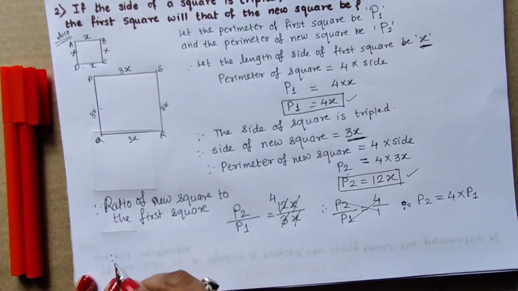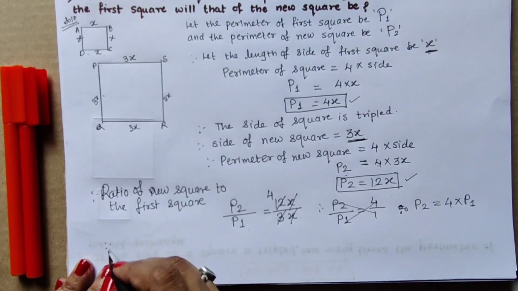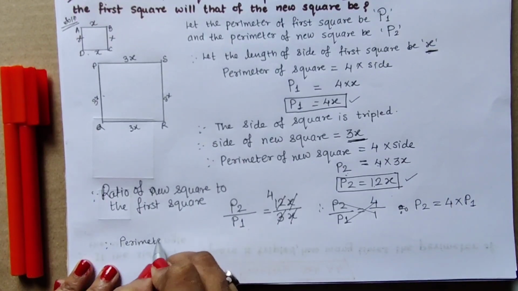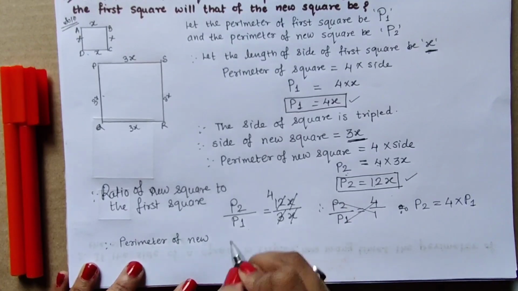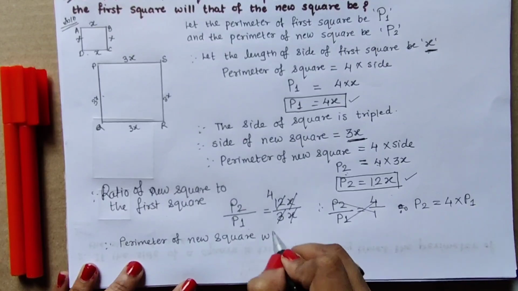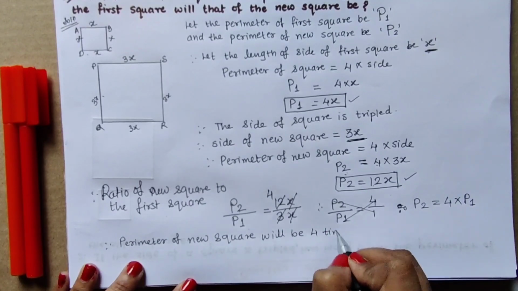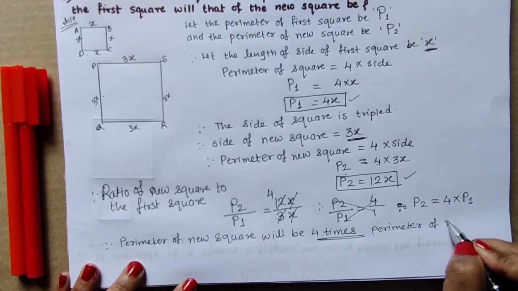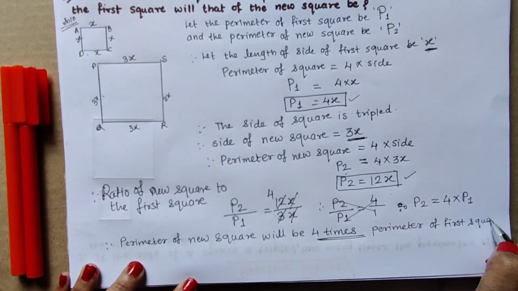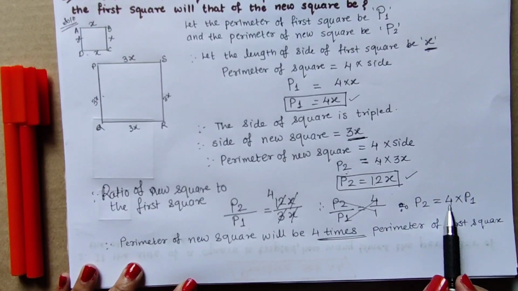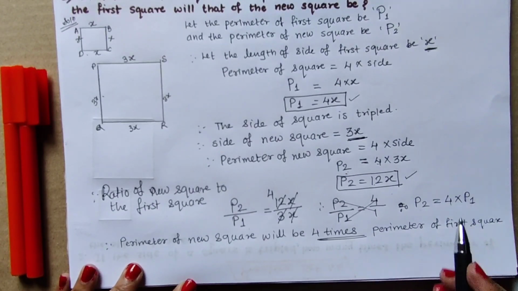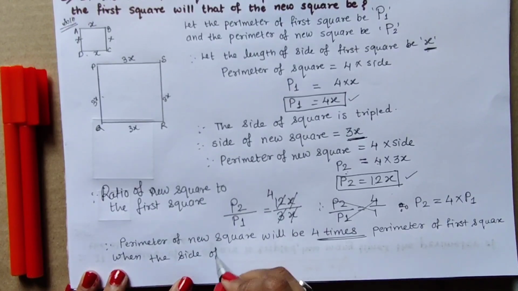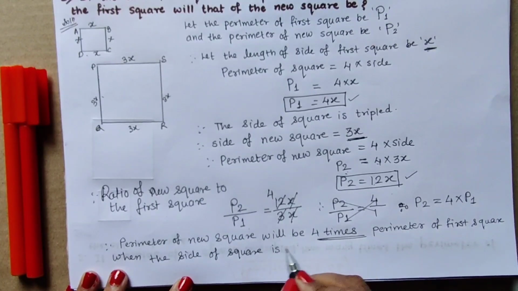So therefore we write the answer. Perimeter of new square will be 3 times perimeter of first square when or if the side of square is tripled.